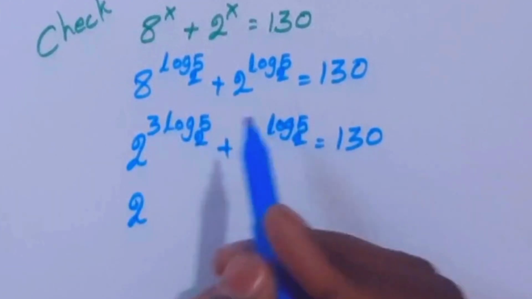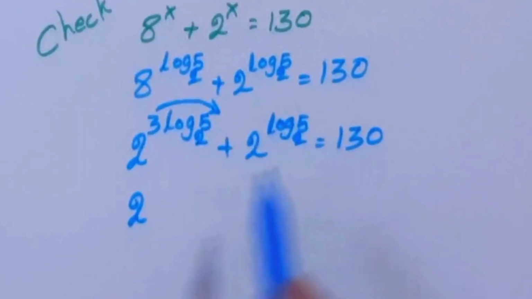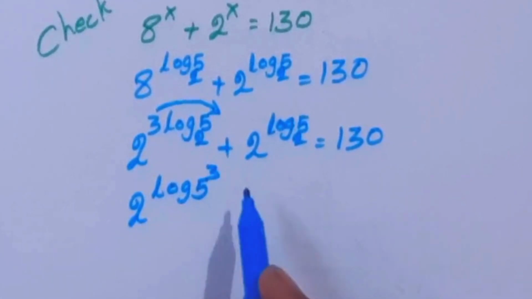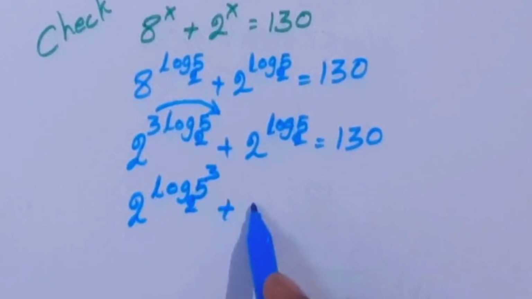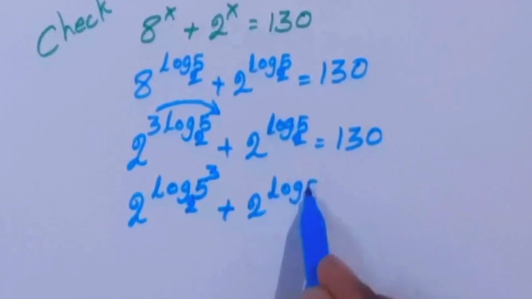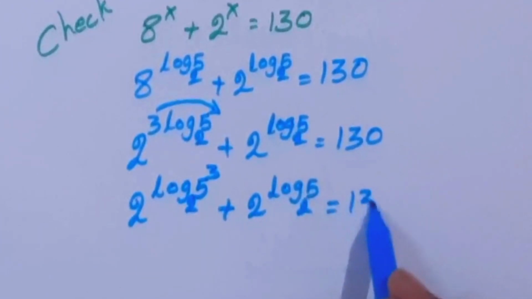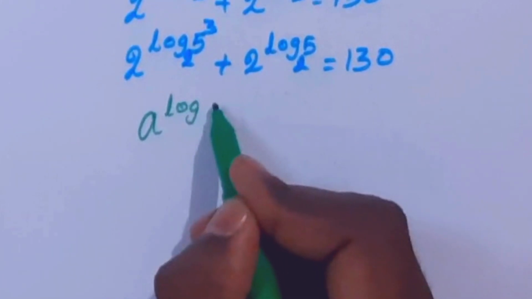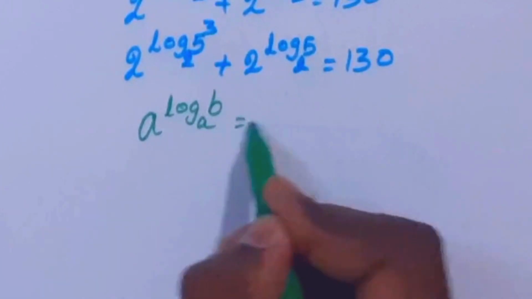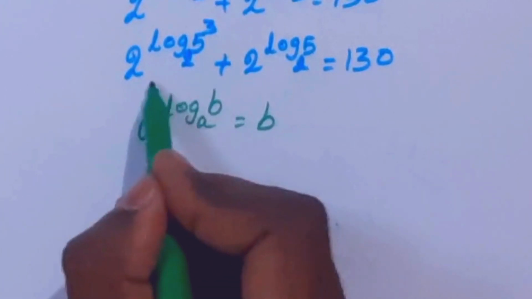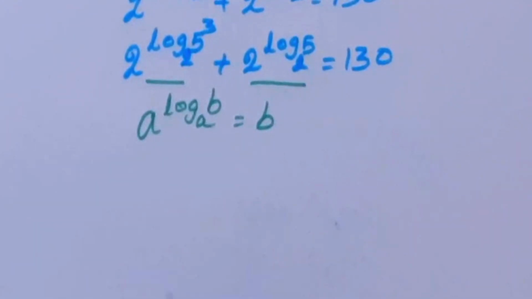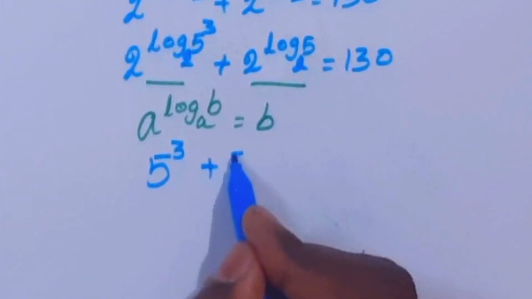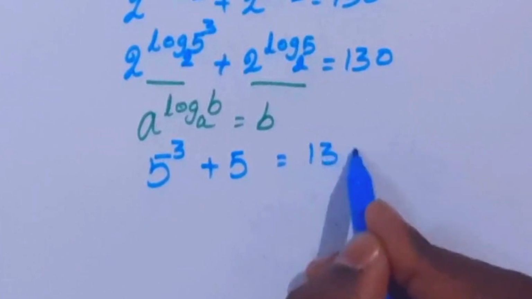According to the log power formula, this 3 comes here. So 2 power log 5 power 3 base 2 plus 2 power log 5 base 2 equal to 130. Now we know that a power log b base a equal to b. We are going to apply this formula here and here. So based on this formula, 5 power 3 plus 5 equal to 130.